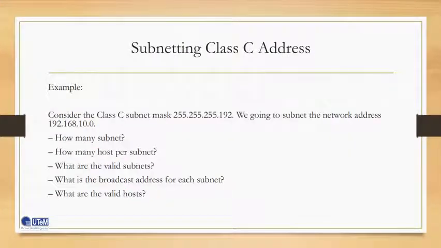Now let's look at the first example. We are going to subnet a class C address. Consider a class C subnet mask address. This is the address that is being subnetted, and this is the mask: 255.255.255.192.